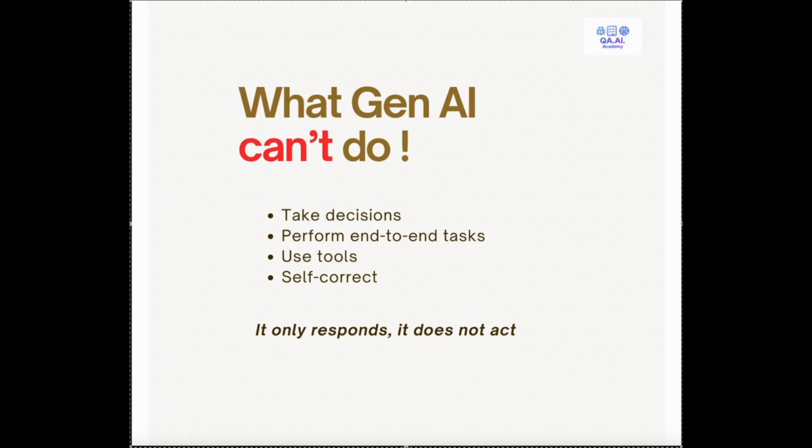It cannot decide on its own, it cannot execute workflows, it cannot interact with systems unless you manually trigger it. So Gen AI is a very intelligent assistant, but it is still passive. As I explained, it does not use any outside tools or even self-correct unless you tell it that it is wrong. So the tagline is: it only responds but does not act.